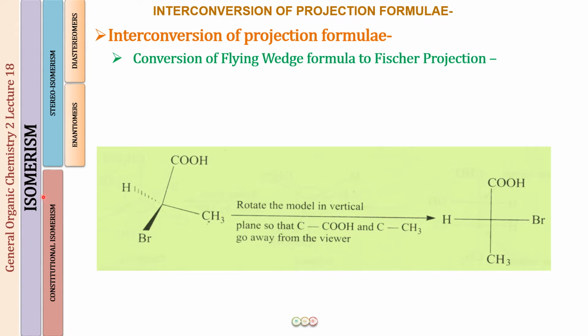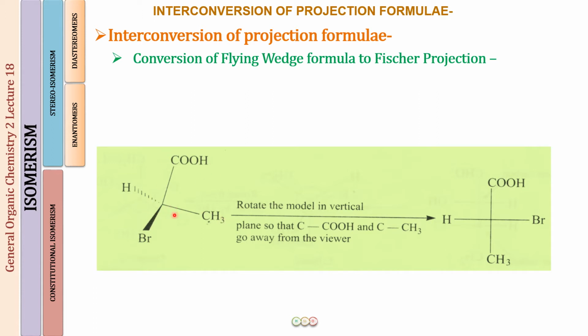So what is the difference between these two? The CHO and the CH3 were in the plane of paper. Now they are away from the viewer. So what do we have to do? We have to rotate the molecule from wherever we were looking at it in such a way that the CHO and the CH3 go away from the viewer.